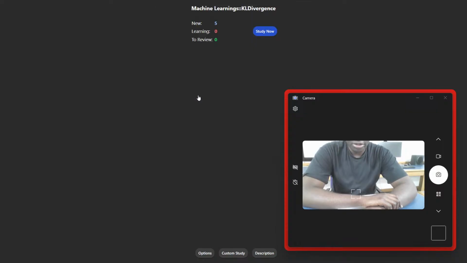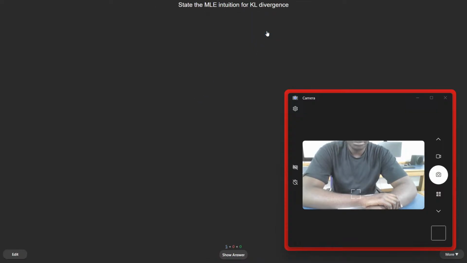I guess I'll do the rest of the KL divergence. So the ML intuition for KL divergence: the KL divergence is minimized.